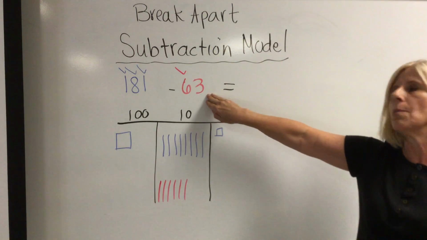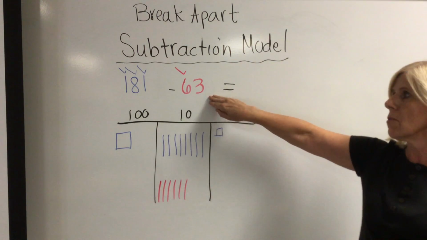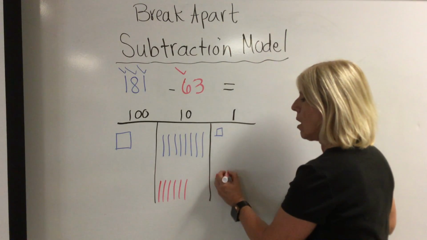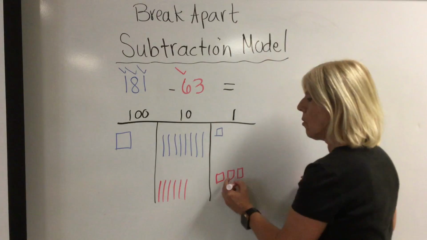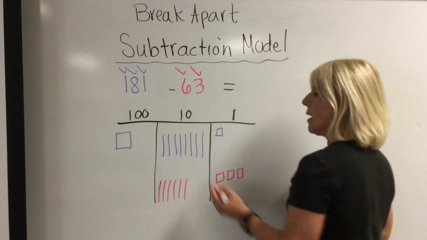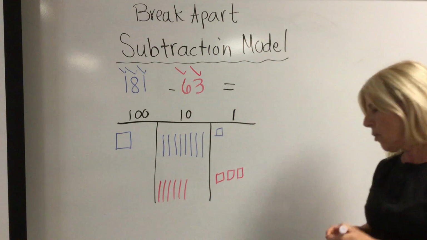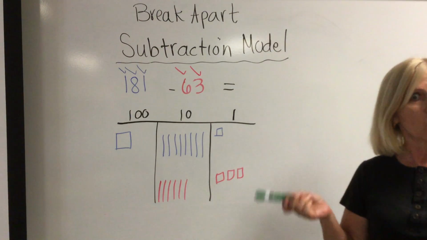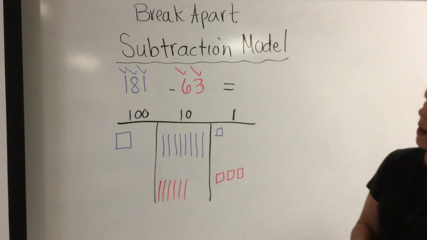Next, I go to my ones position, and you can see there are 3. So I'm going to draw 3 boxes, or 3 ones. That is done. Okay, I am going to be using another color because we're going to have to regroup in this lesson.